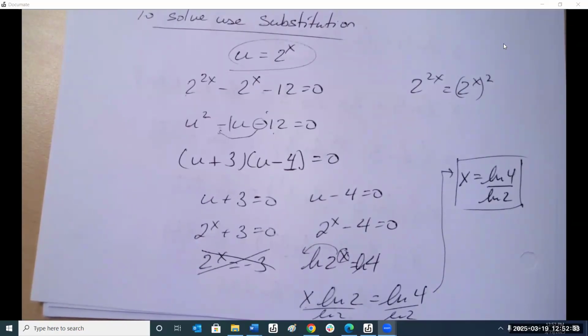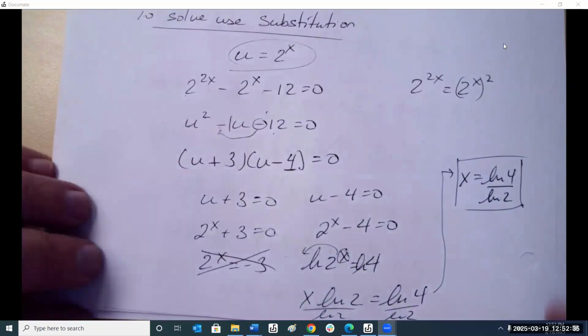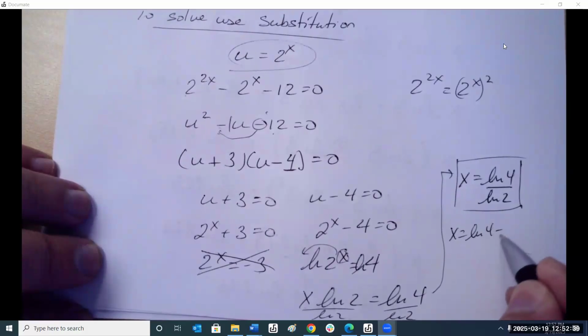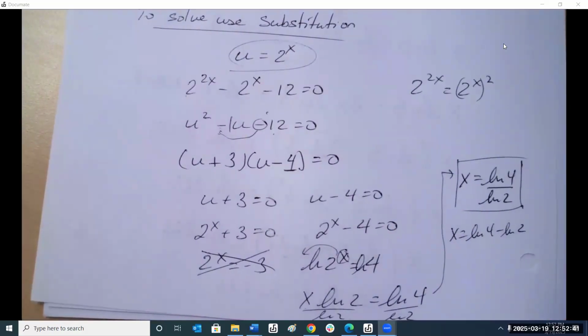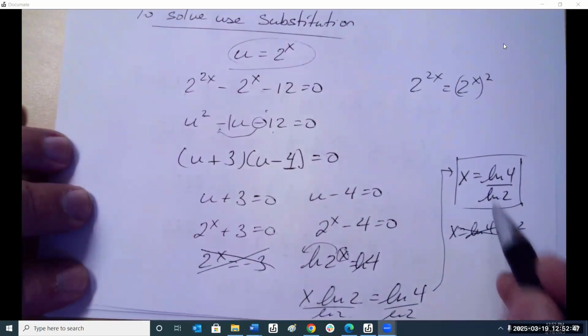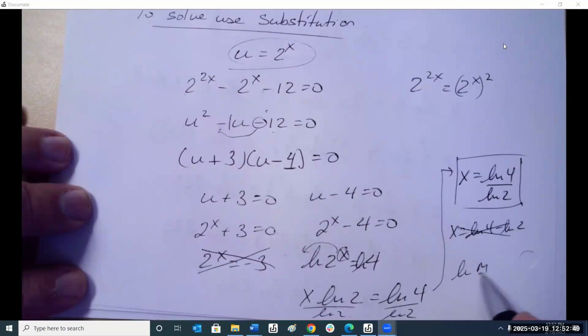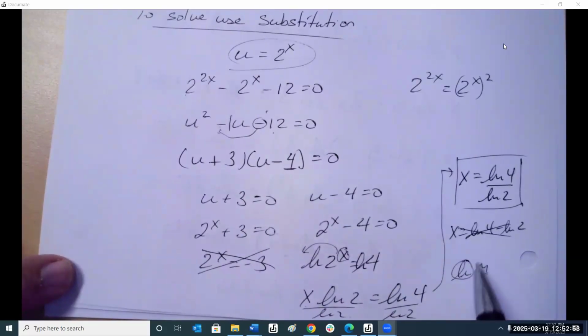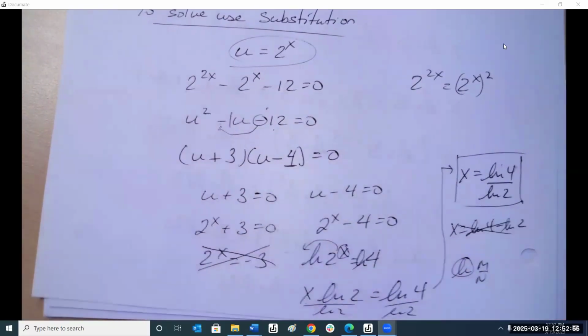Pretty straightforward. Be very careful. Is this the same as this, ln 4 minus ln 2? No. Because that's only if I have m over n, only one logarithm. So this is ln 4 over ln 2, whatever that is, that's your answer.